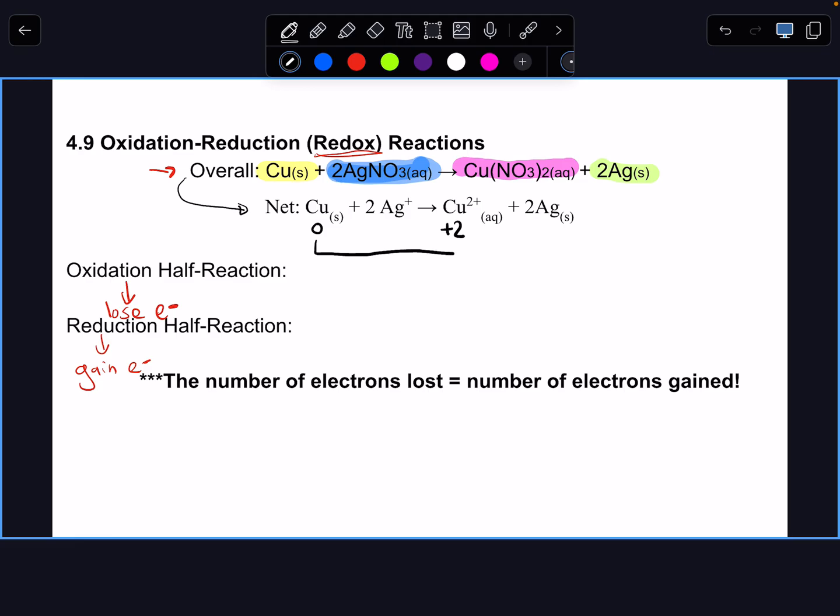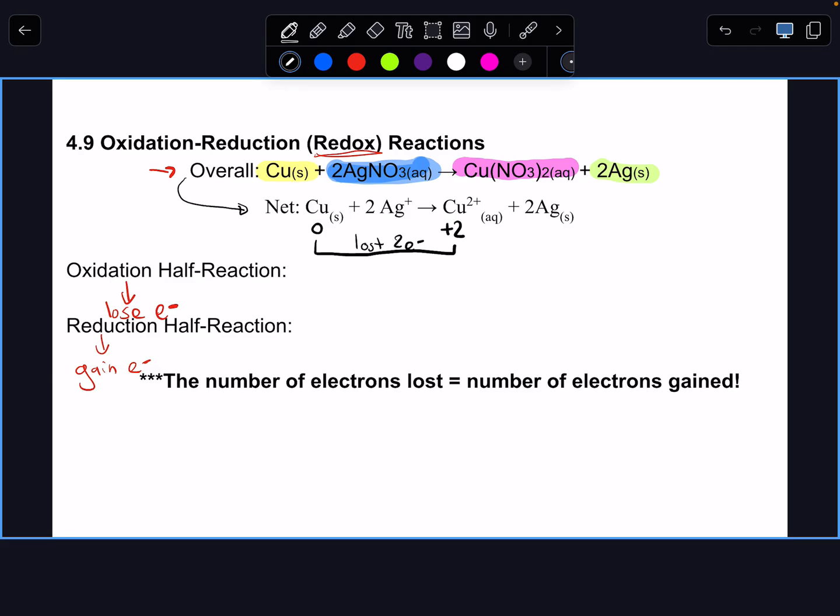So if the charge of a substance gets more positive, is it gaining negative things or losing negative things? Losing, because electrons are negative. So this has lost 2 electrons to go from a 0 to a +2. And so that would be our oxidation step. Good.